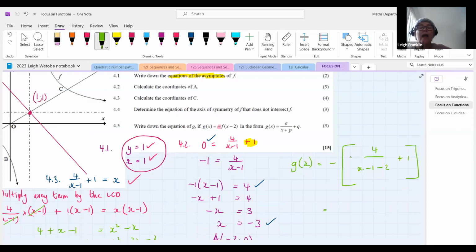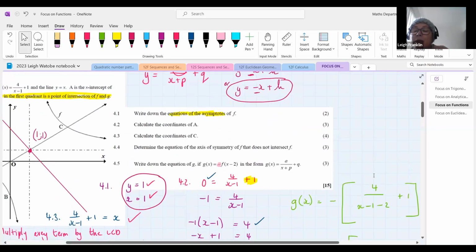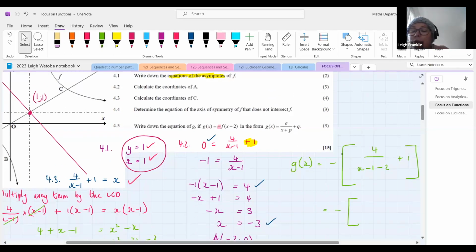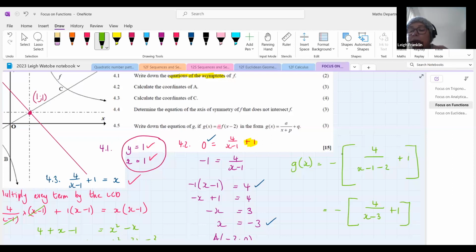So when I add onto x, I move the graph to the left. When I subtract from x, I move the graph to the right. So this would end up being, let's just leave the negative outside for now, we've got 4 at the top. At the bottom, we've got x minus 3 plus 1.